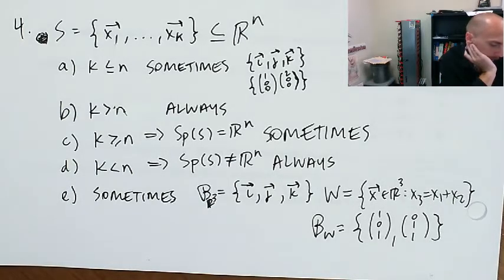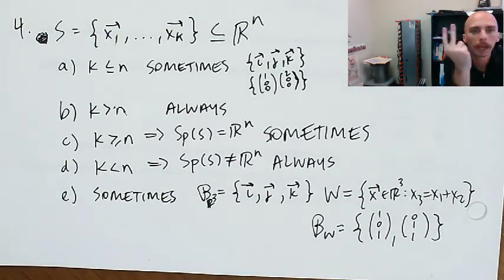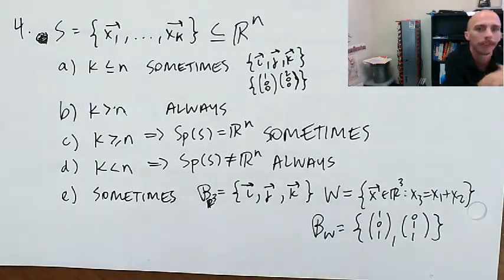I don't think that i and j form a basis for W. W has dimension 2, so some pair of i, j, and k would need to generate a basis for W, and I'm not seeing that as the case. So it's sometimes true, right? If W was the YZ plane, then j and k would form a basis for that. But that's not always true.